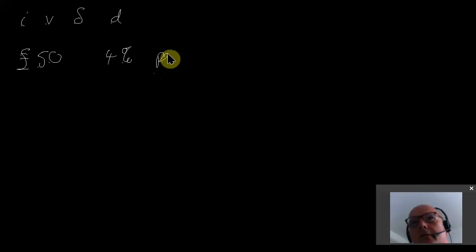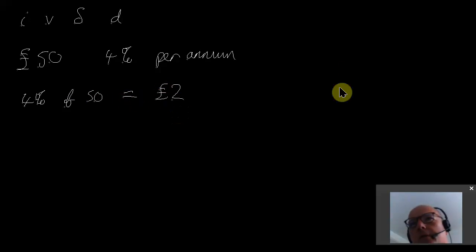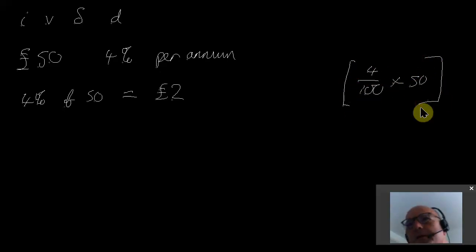So if you start with £50, you get 4% per annum. How much do you have at the end of the year? Well, let's take it through very slowly. 4% of £50 is equal to £2, because that is 4 over 100 times 50, if you really want to slow this calculation down.